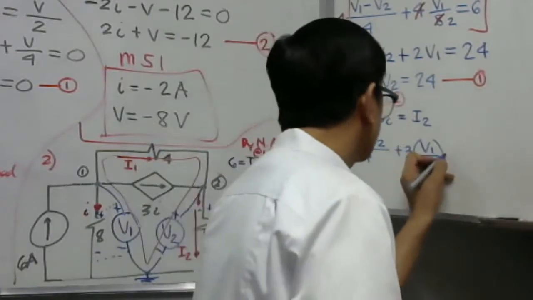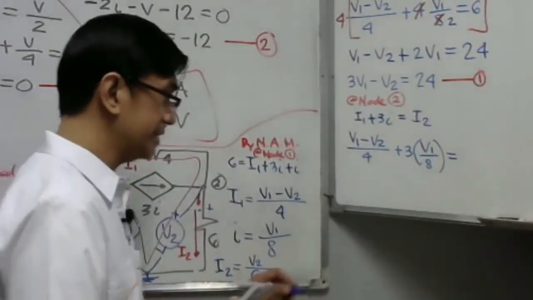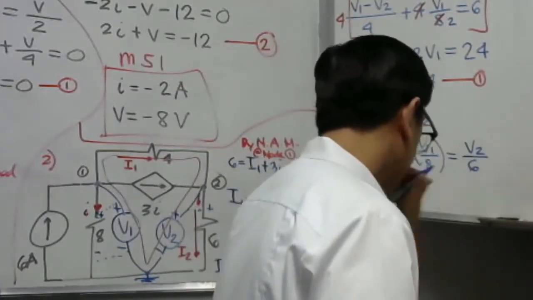So that will be equal to I sub 2, and I sub 2 is B sub 2 over 6.